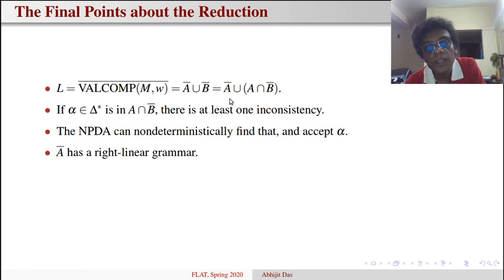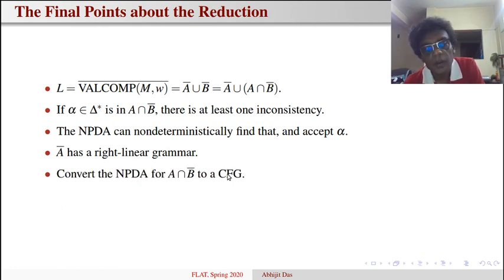Moreover, this is already a regular language, so it has a right linear grammar. Now convert this NPDA to a context-free grammar, and we know context-free languages are closed under union, so L is a context-free language and has a grammar. That completes the reduction from the complement of the halting problem to the set of all grammars such that the language of the grammar is the entire delta star.